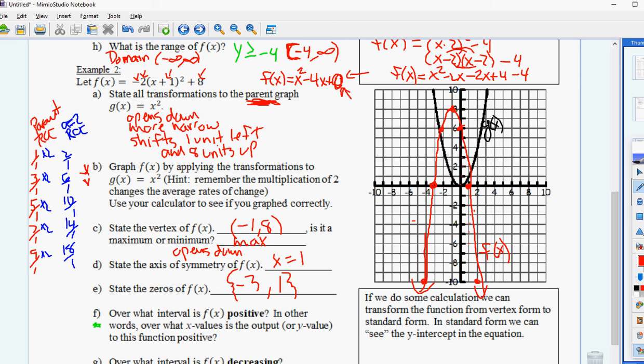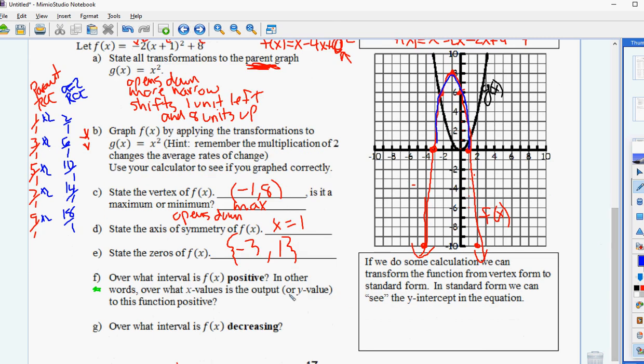It is positive, meaning the graph is above the x-axis between those zeros, so from negative 3 to 1. And it's decreasing, or it's going downward, on the right side of that turning point, so from x is negative 1 to infinity.